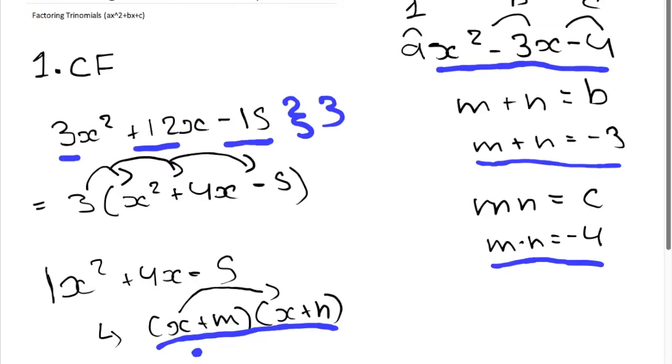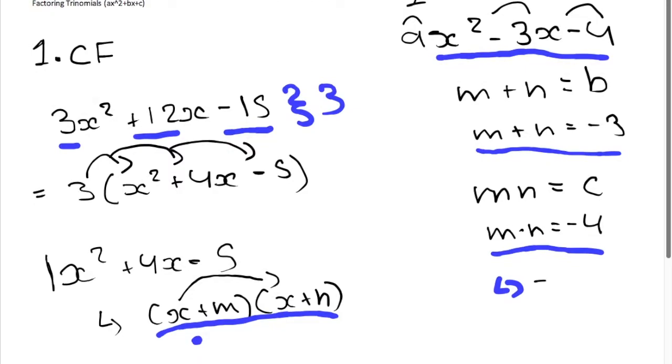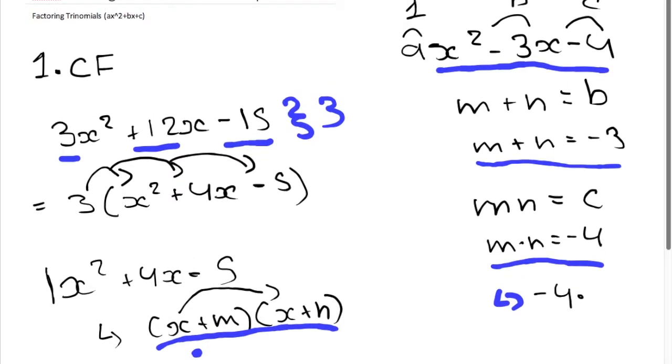A lot of people just use the guess and check method because it's really simple when you have to factor simple trinomials. So let's use that method. We have to find two numbers that multiply to get negative 4. We know that one number has to be positive and one number has to be negative. So the numbers can be negative 4 times 1.